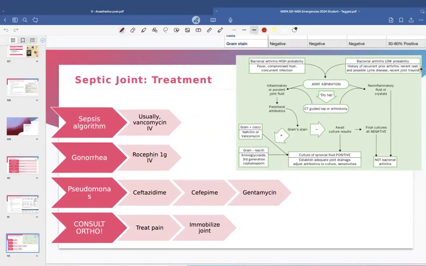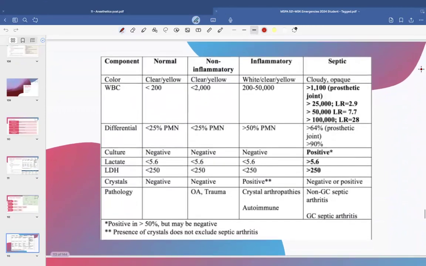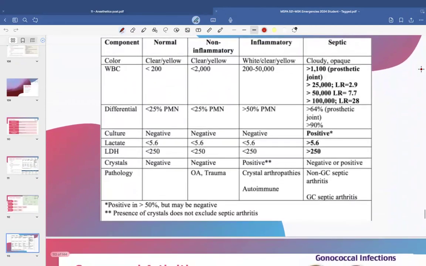If you're worried about a septic joint, make sure that you are giving them some IV antibiotics. Here's some common things to do. The ortho is gonna be doing your tap. Again, there's that chart. I wouldn't get too bogged down in the numbers. But know that your culture is gonna be positive for the septic joint.